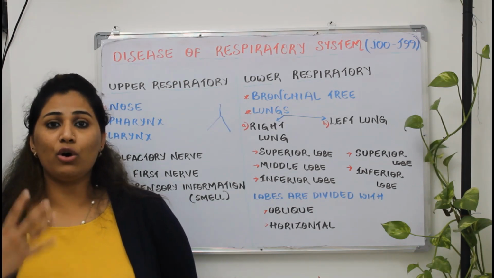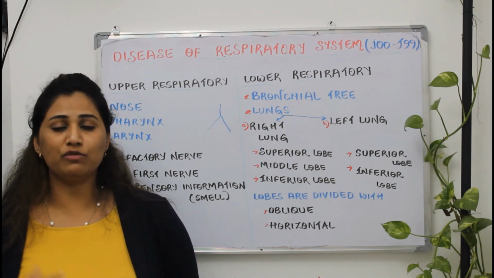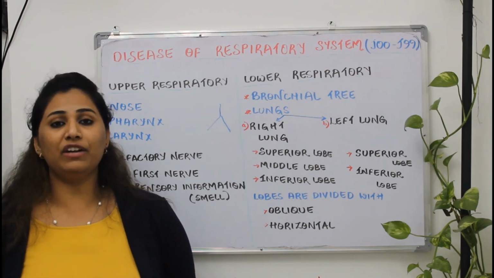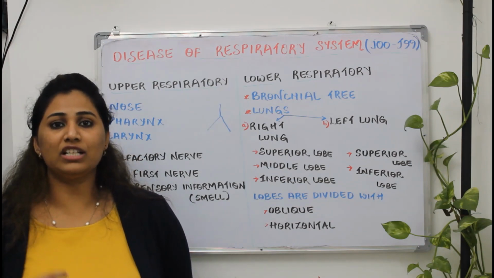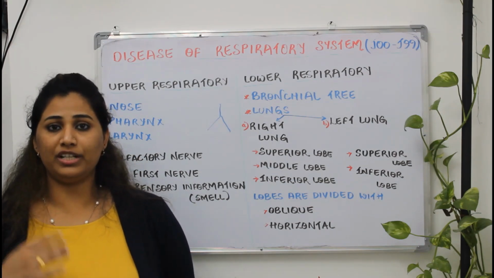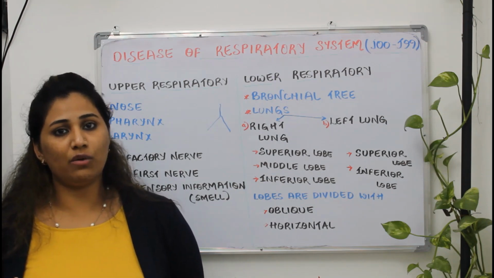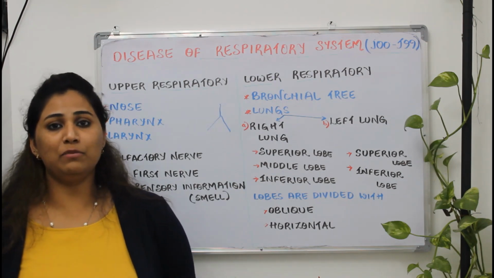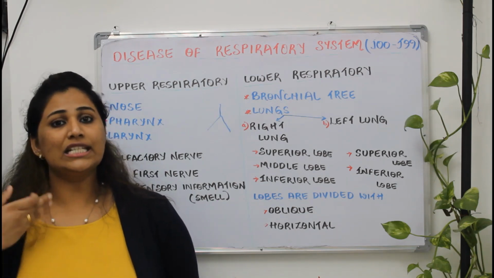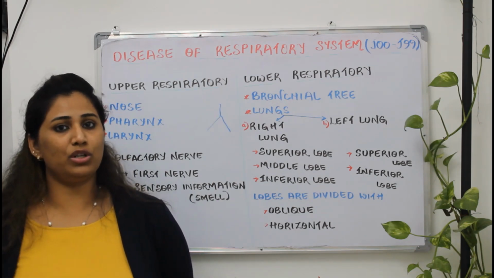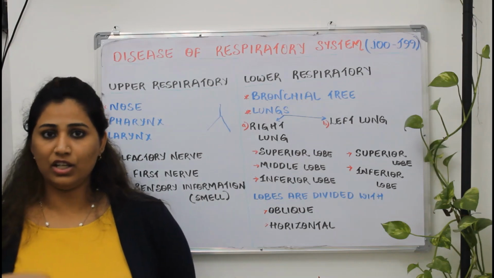When a foreign body enters our nose, we will sneeze. That is the reflex which is created. Sneezing is a reflex when a foreign body or a dust particle enters our nose. The small hairs help to do this sneezing reflex. That is the importance of hair follicles in the nose.